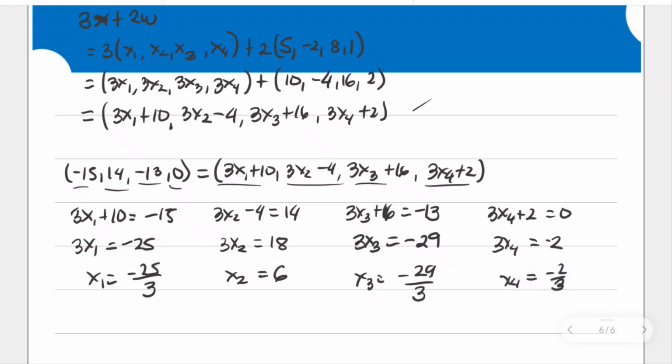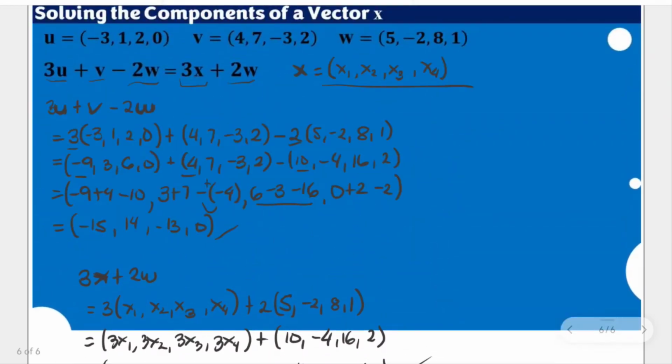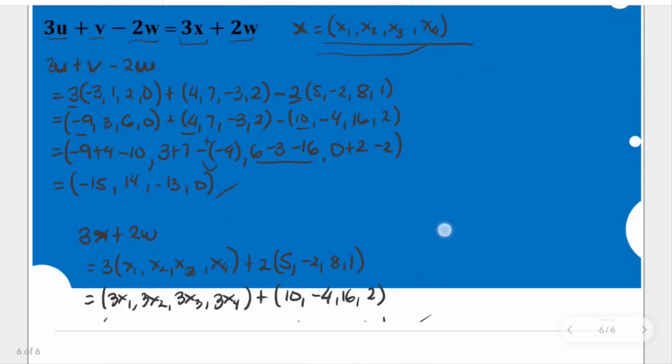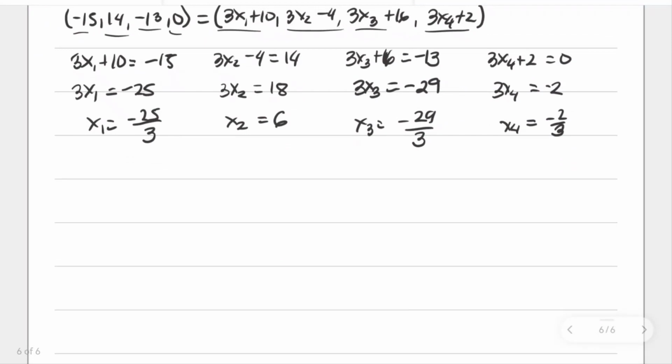With all of these values for x sub 1, x sub 2, x sub 3, and x sub 4, which are all the components of vector x, the vector that we're solving for, the vector x now has components equal to negative 25 over 3, positive 6, negative 29 over 3, and negative 2 over 3.